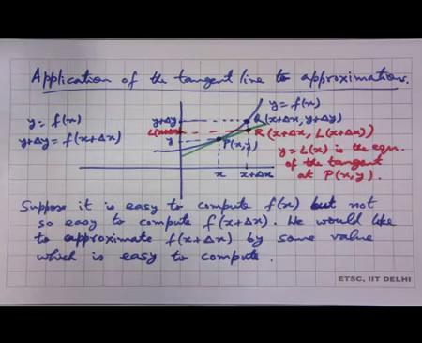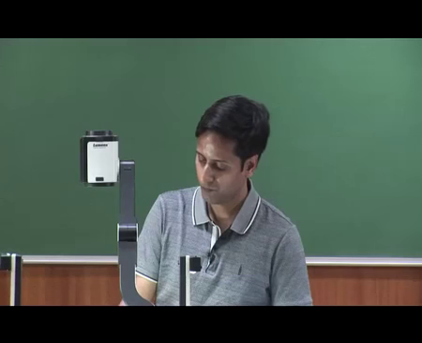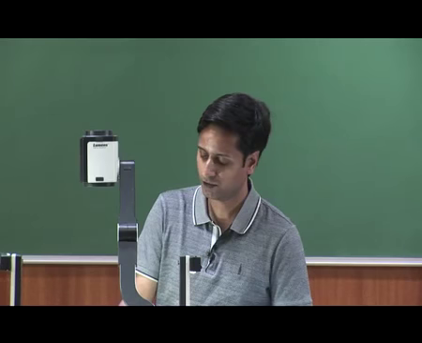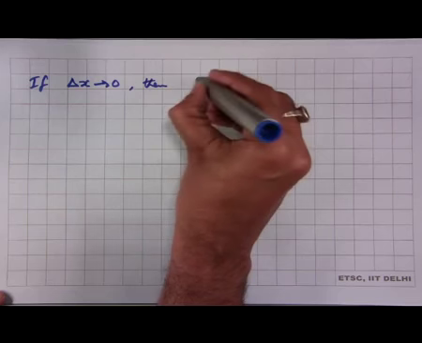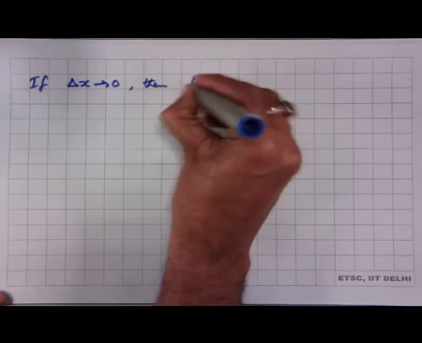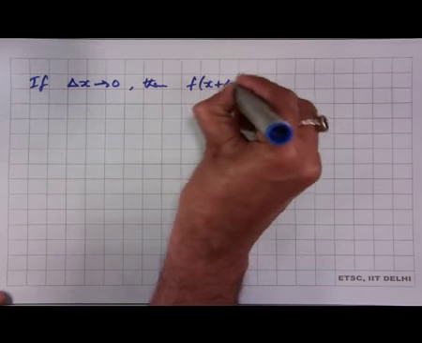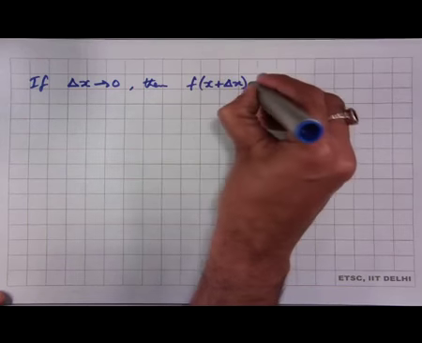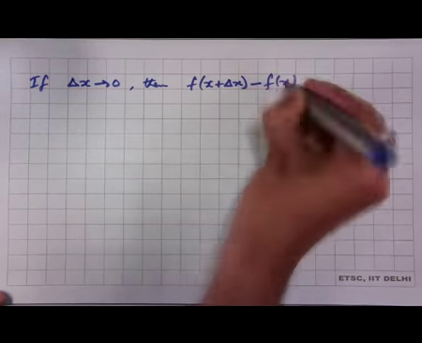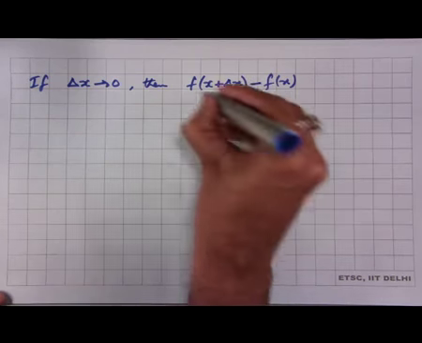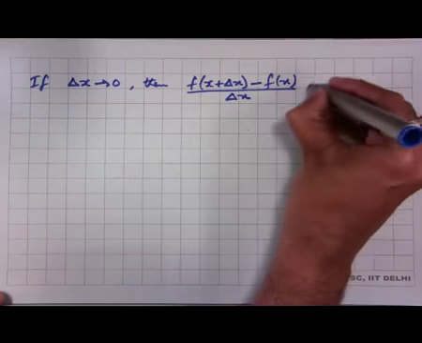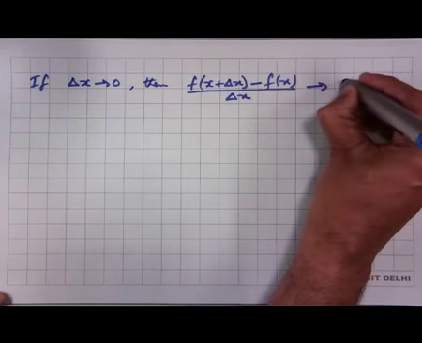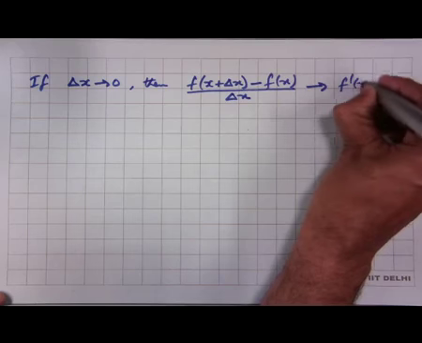Now, suppose this delta x is small. If we take the limit as delta x tends to 0, then f of x plus delta x minus f of x, divided by delta x, we know approaches f prime at x.